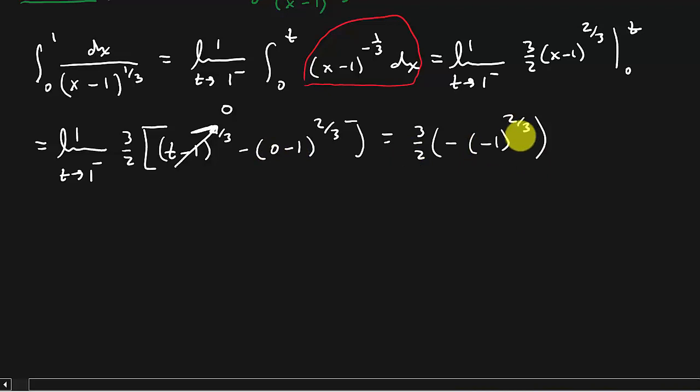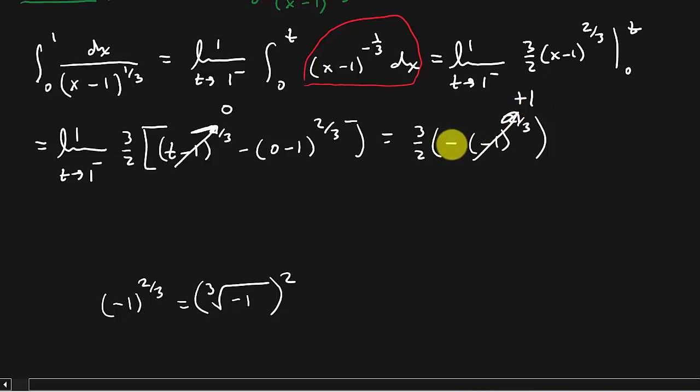And so let's see, remember, -1 raised to the 2/3, that is equal to the cube root of -1, and you could write that squared like that. So that's -1. -1 squared is +1. So this right here is +1, and I got the negative, so that's going to be -3/2, and there's my answer.